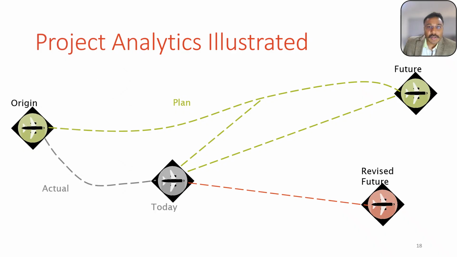This visual shows the journey from origin and planning to today's actual performance and into a revised future forecast. Projects rarely follow their original plan perfectly. Analytics allows us to compare plan versus actual performance and adjust forecasts accordingly. This continuous feedback loop is central to effective project control.